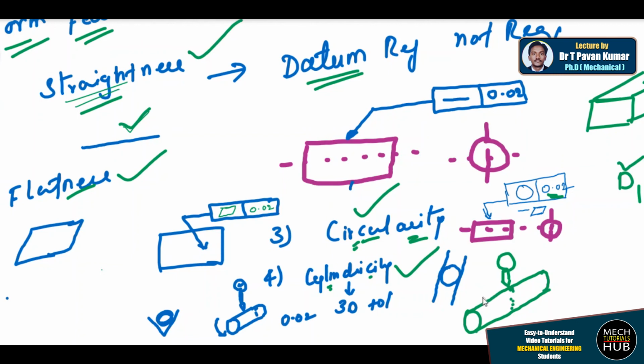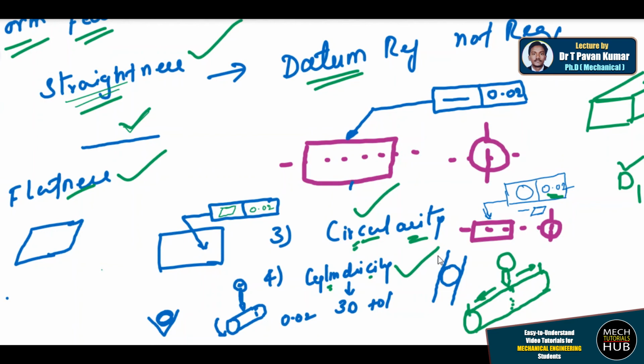The plunger will travel throughout, from the starting point to the ending point, and at each position the cylinder will turn 360 degrees while the plunger travels from one side to the other to check the complete cylindricity of the component, whether it is maintained properly or not. That is how we can easily measure how close the value is to a true cylinder.